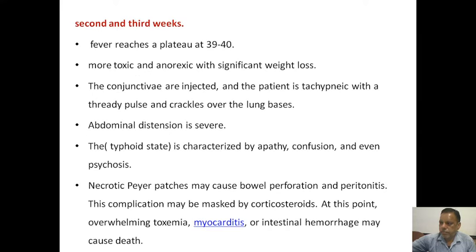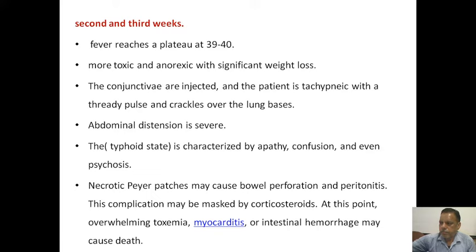In the second and third weeks, generally the fever picks up. So the patient might appear more toxic, anorexic, and might have significant weight loss. The conjunctiva might be red, and the patient might have tachypnea with low volume pulse and crackles over the lung bases. Abdominal distension may be severe, and the patient might have something called a typhoid state, characterized by apathy, confusion, and even psychosis.